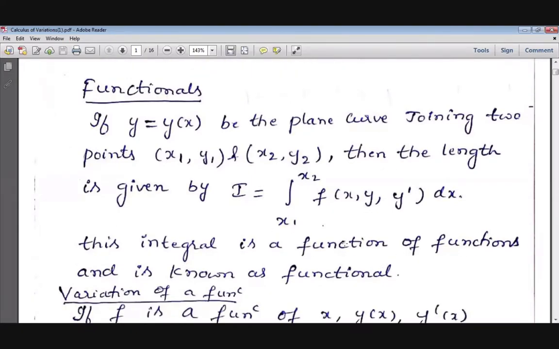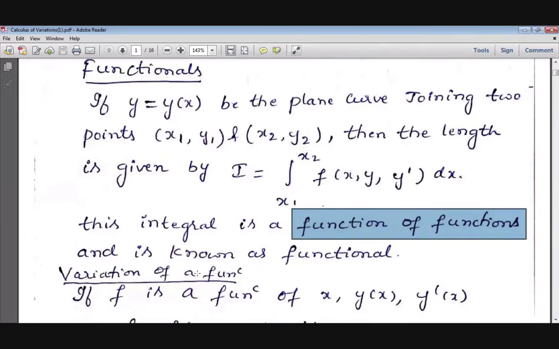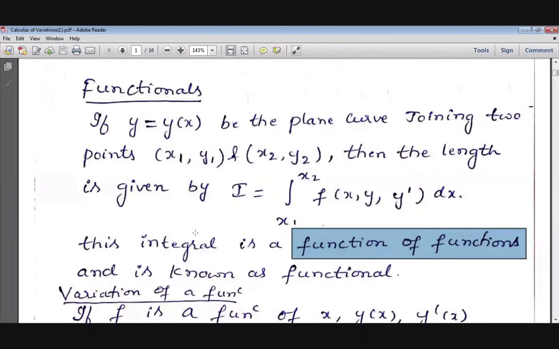See, I told you function of functions, that is the meaning. Function of functions is known as a functional. Okay, variation of functional. See here, the functional is written above. So variation of functional, what is the meaning of that?